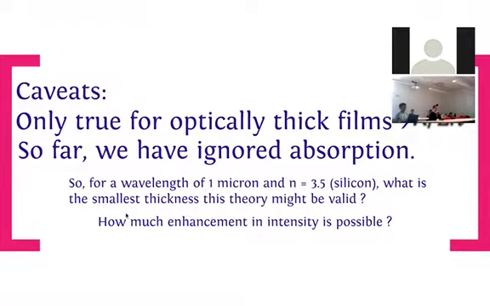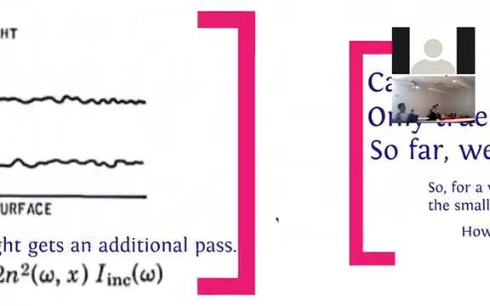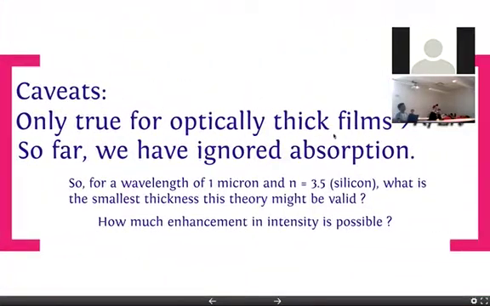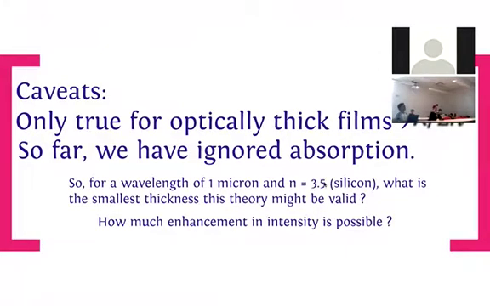The other important number, of course, to keep in mind is how much enhancement in intensity is possible. So this is basically this number here, 2n squared, right? And that's easy to calculate because we know n, 3.5. 3.5 times 3.5 is a little more than 10. Then you multiply that by 2. So let's just calculate that quickly.